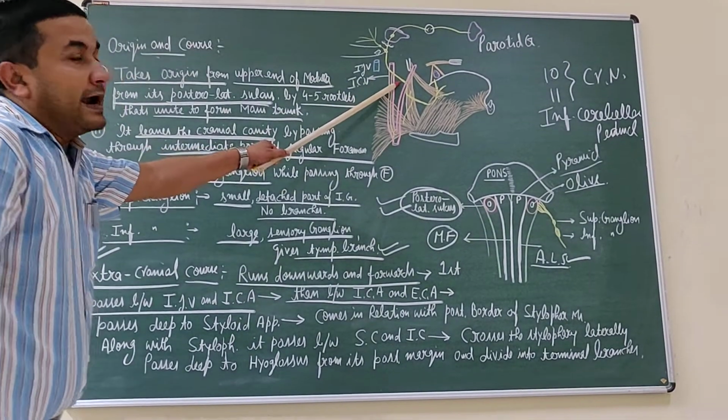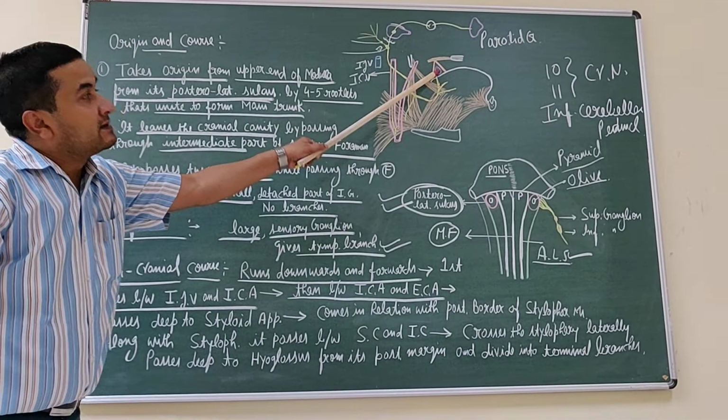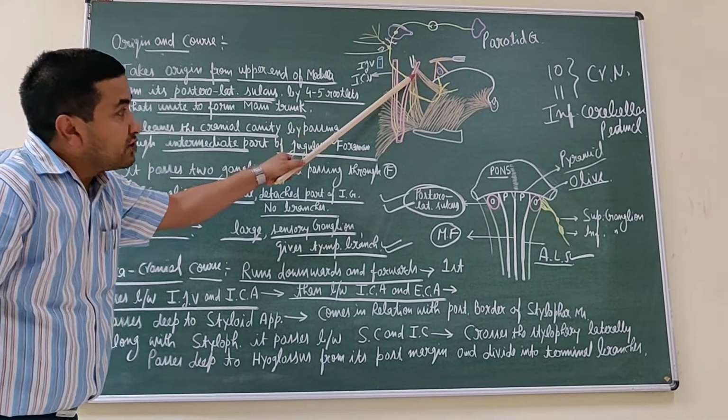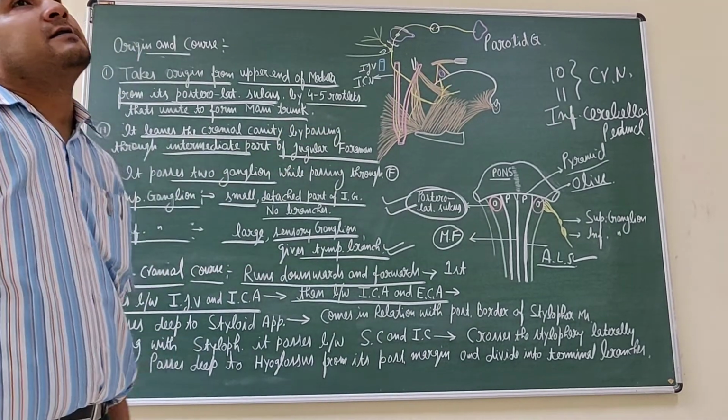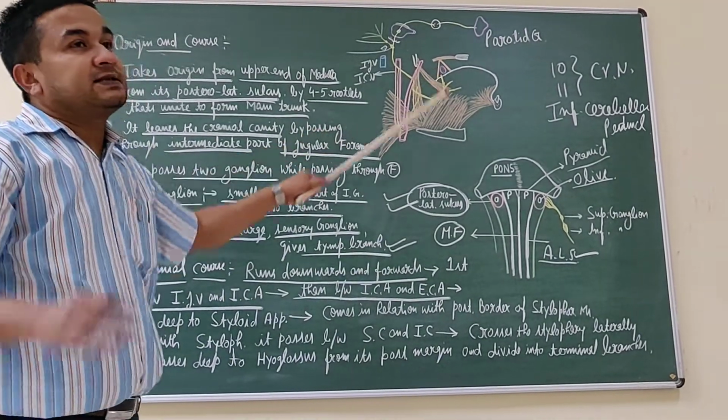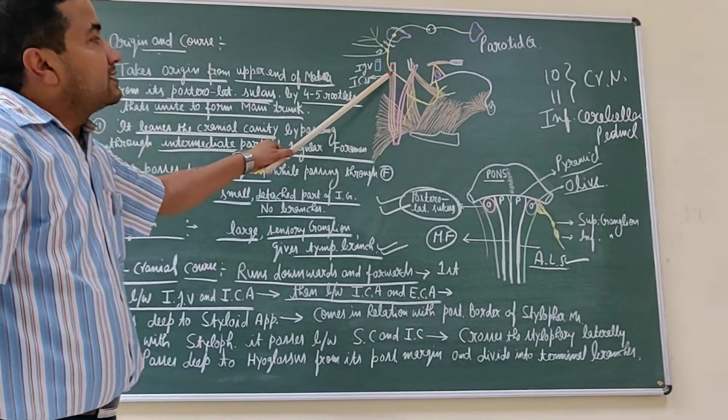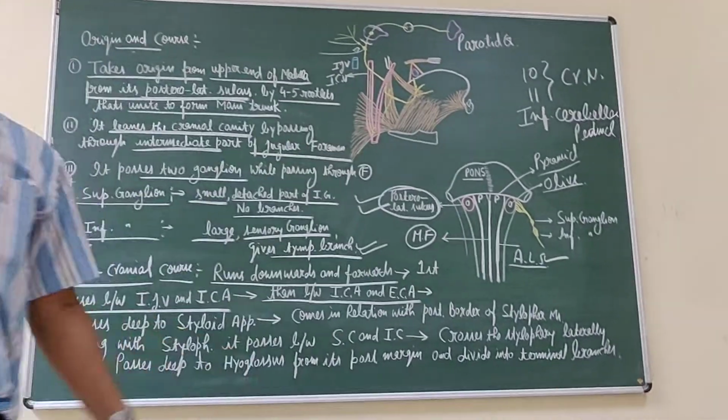And at this relation it comes in relation with the tonsillar fossa. Remember the class of the tonsillar fossa. It is the superior constrictor muscle that separates this glossopharyngeal nerve from the tonsillar fossa.